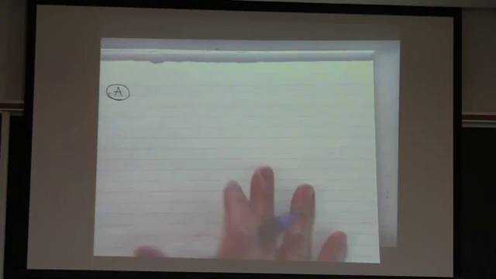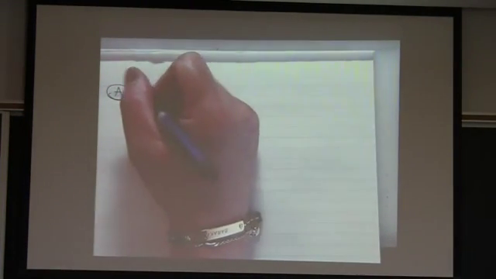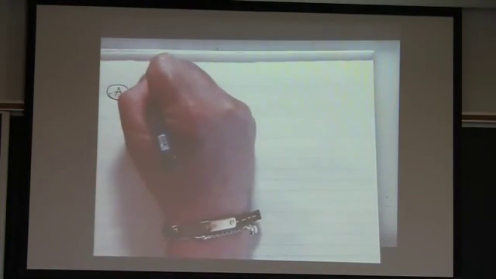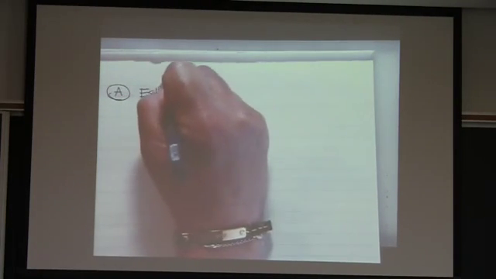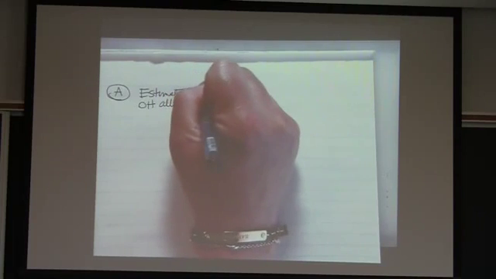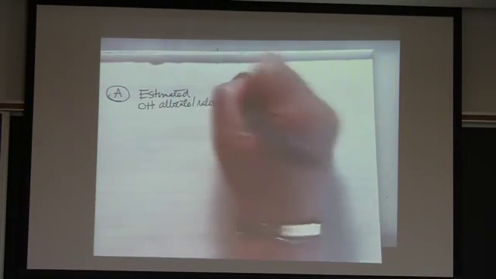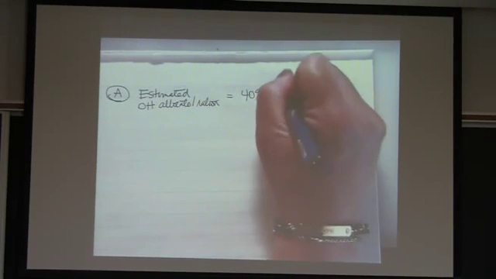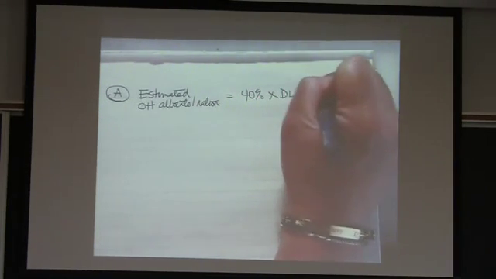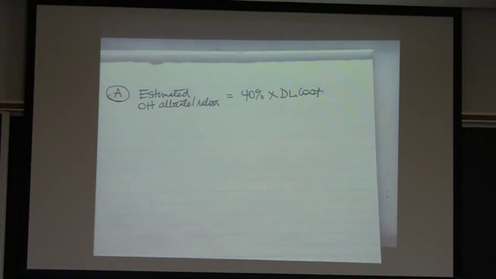So for part A, it's asking us for the total overhead. We already know the overhead rate, so the estimated overhead allocation rate equals 40% of direct labor cost. We know that, right? So let's do the math.